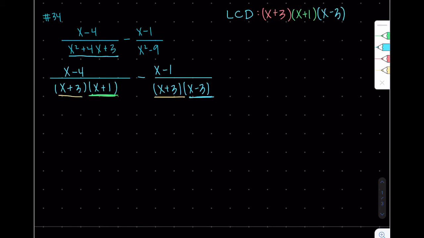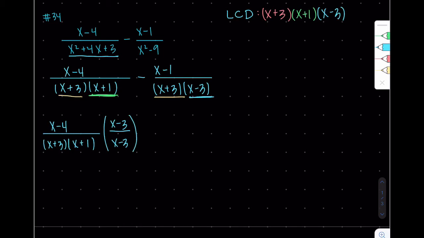So now we have to make sure that both of these fractions have the LCD in common. So this first one has the x plus 3 and the x minus 1, but it doesn't have the x minus 3. So we're going to multiply this whole thing by x minus 3 over x minus 3.